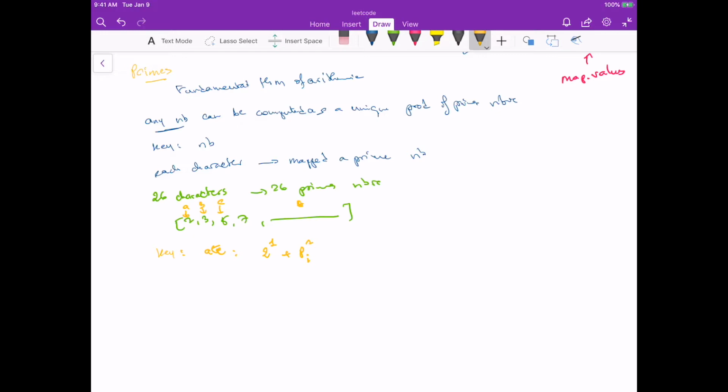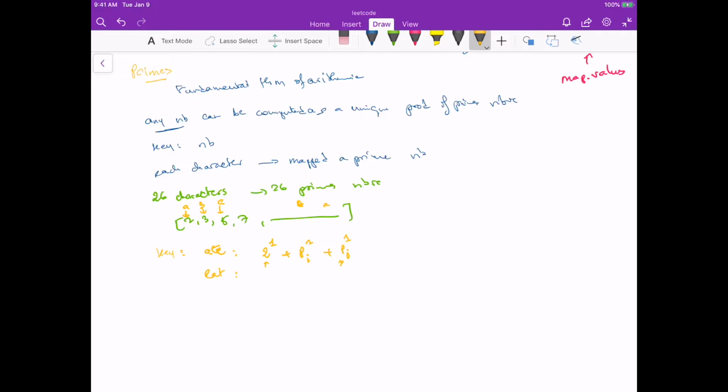If it occurs 2 times, we'll have to the power of 2. And then E, which let's say is some prime somewhere here, to the power of 1 also. So each would have the same value, because it's 1 A, 2 to the power of 1, times 1 E, to the power of 1, and T to the power of 1 again.